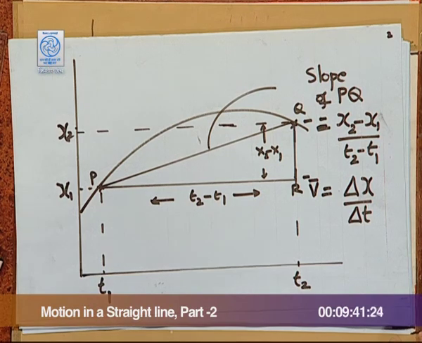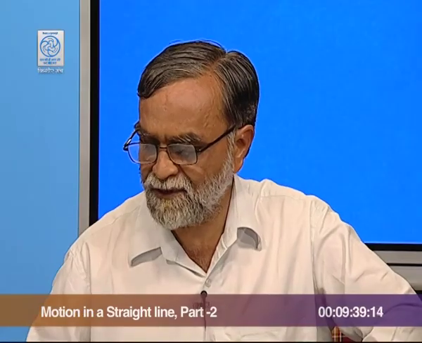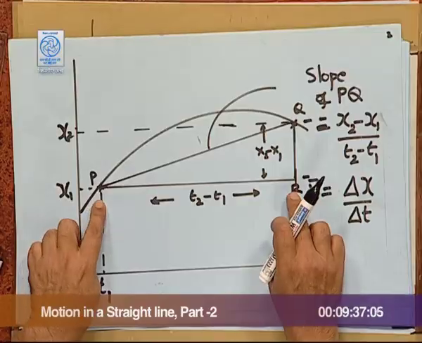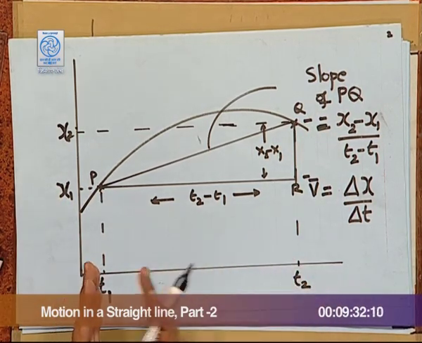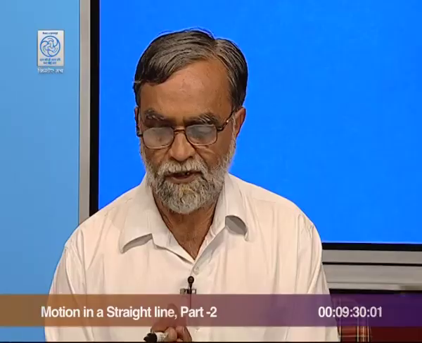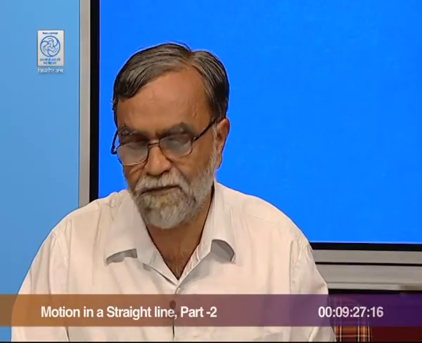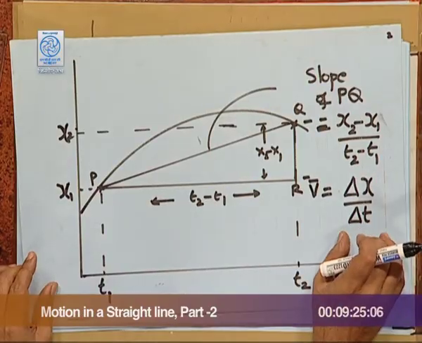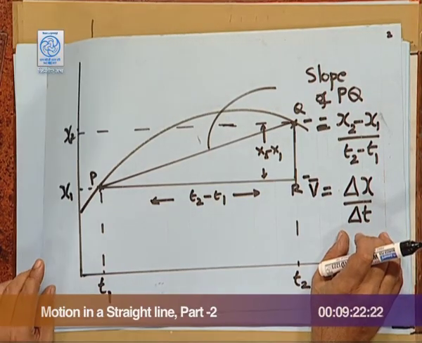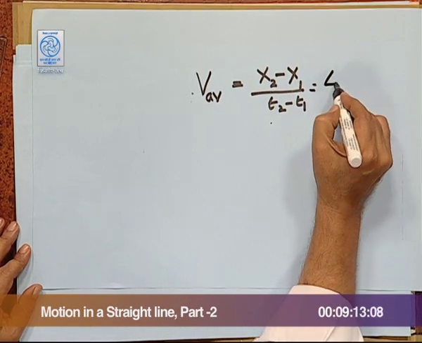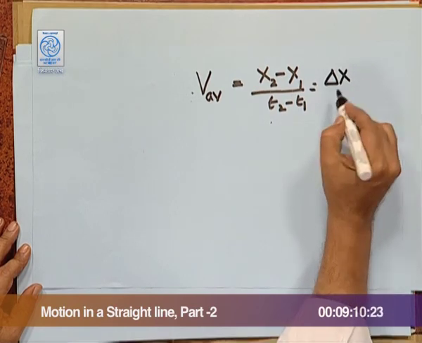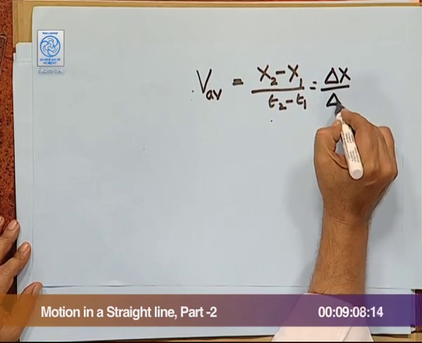So, the slope of the position time graph gives you what we call the average velocity between the points p and q, or in the interval between t 1 and t 2. Delta x, the change in position coordinate, divided by delta t, the time interval, we define as average velocity.